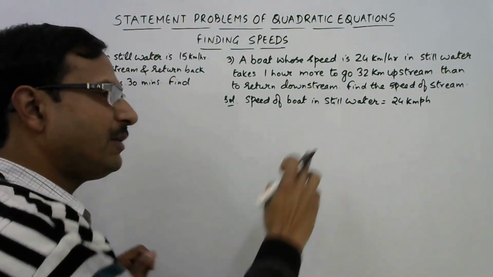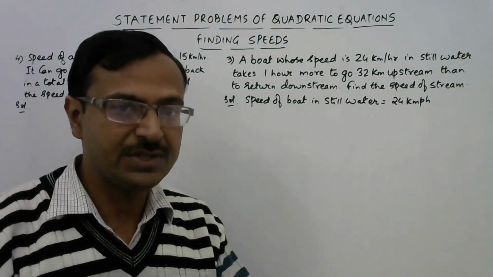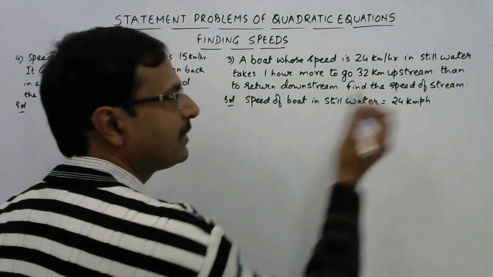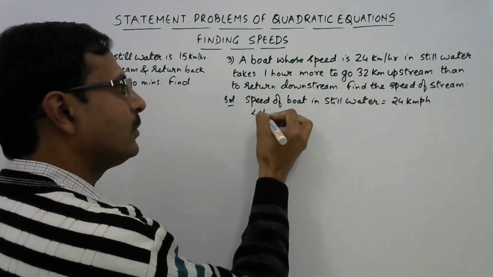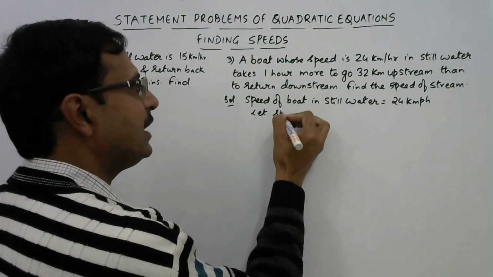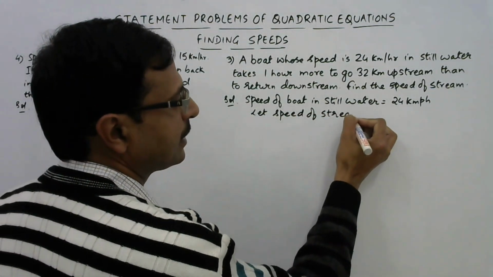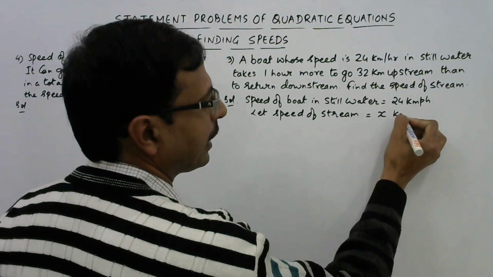Apart from this speed, we have another speed, the speed with which the stream is flowing, that is the river is flowing. We have to find that speed. So you have to assume that speed of stream is x kilometer per hour.